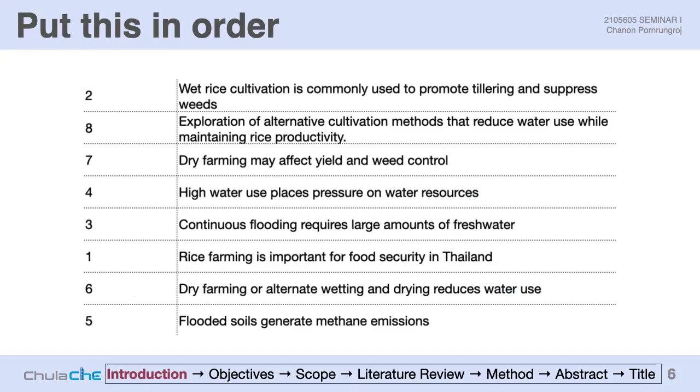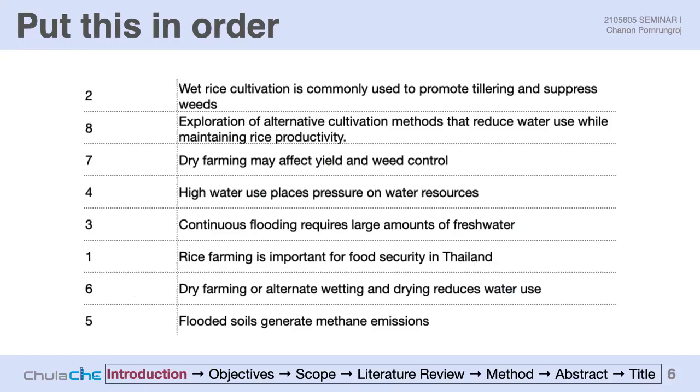So this is an example specifically for Thailand, and what we are interested in right now is to develop a new way to cultivate rice without using the wet method, without flooding the rice field, because it creates methane, and methane is more harmful than carbon dioxide.